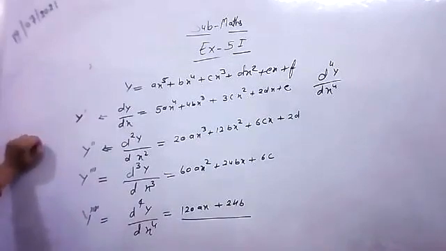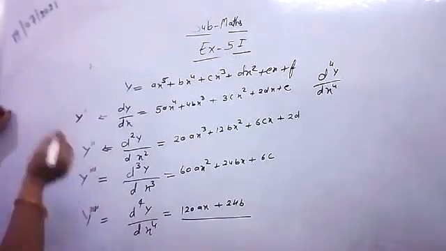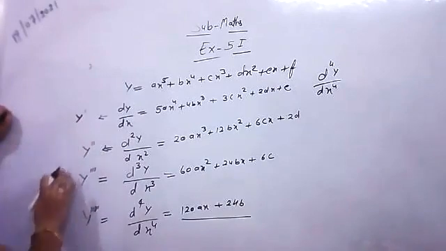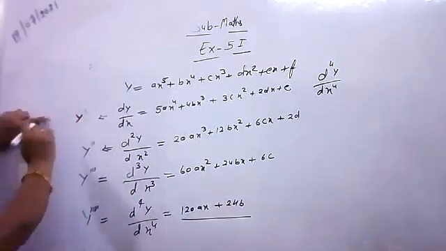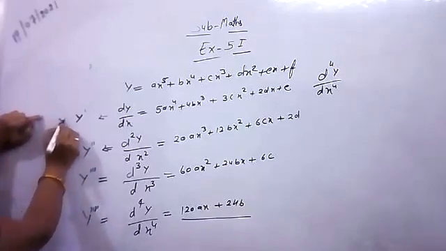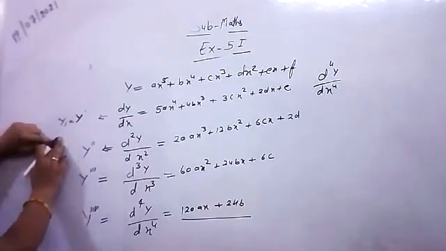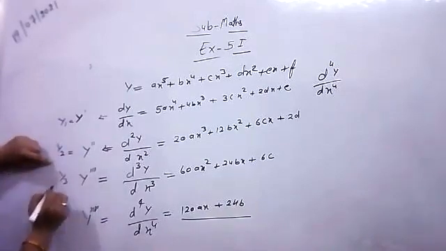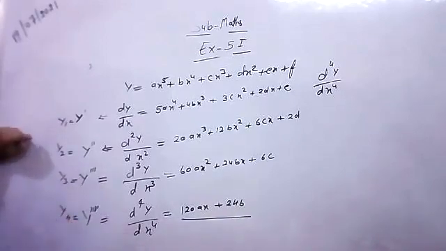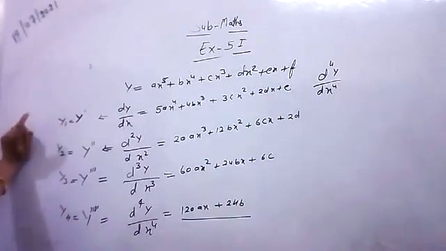If a question asks y1, that means differentiate one time, y2 differentiate two times, y3 three times, y4 four times. So the variables are y1, y2, y3, y4, y5, and these denote differentiation.